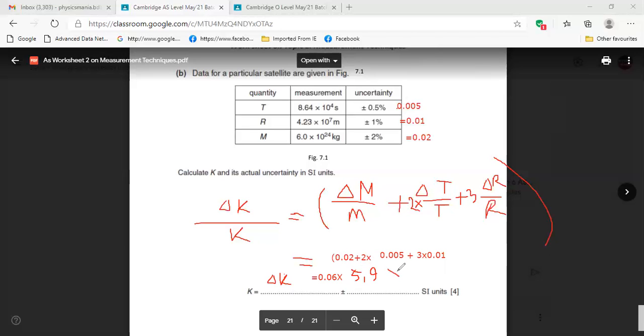Into the power 11, right? The answer is 3.54 times 10 to the power 10. So this one should be also 10 to the power 11, right?